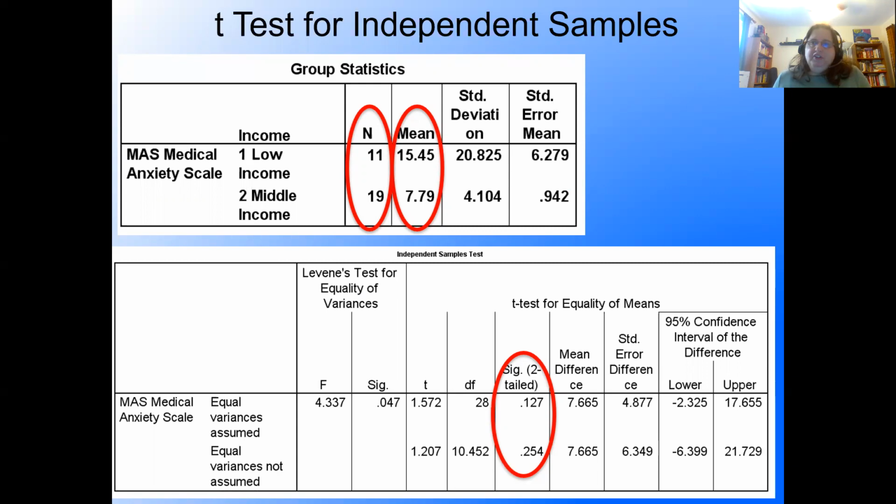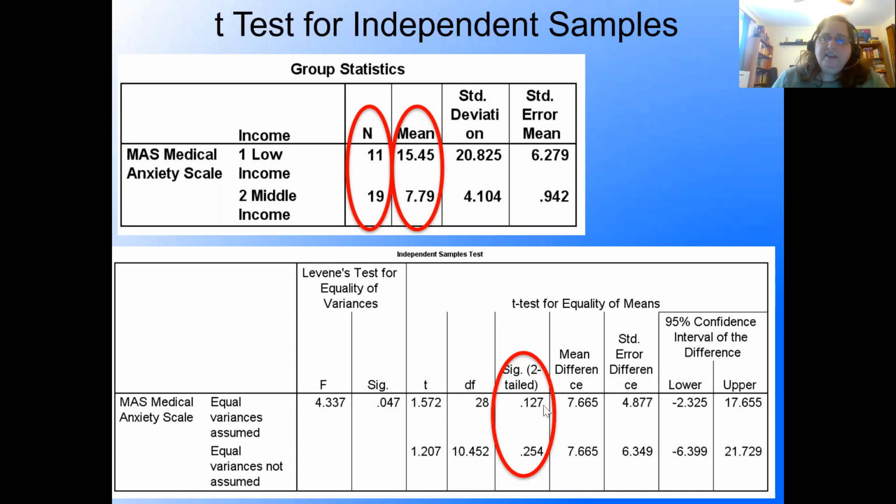Even if this was a one-tailed test, that 0.254 would only become a 0.127, I think. Anyway, it's not going to be less than 0.05. Had this not been 0.047 and this had been 0.112, then we'd be using the top set of values, the 1.572, the 28, and the 0.127.